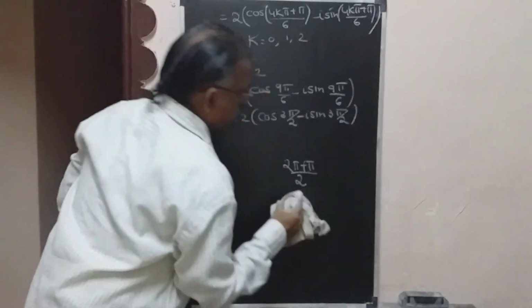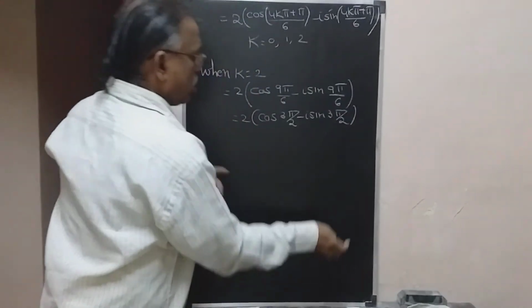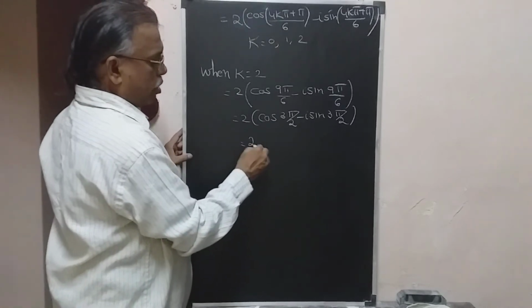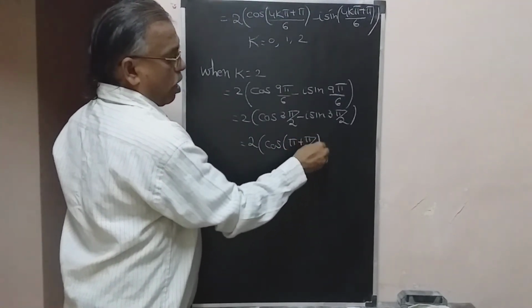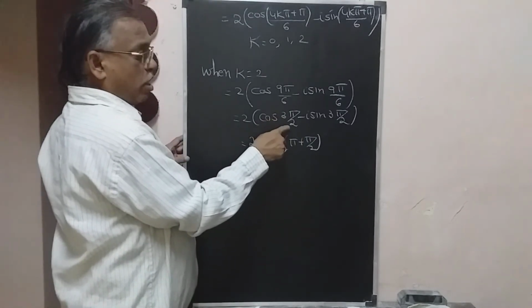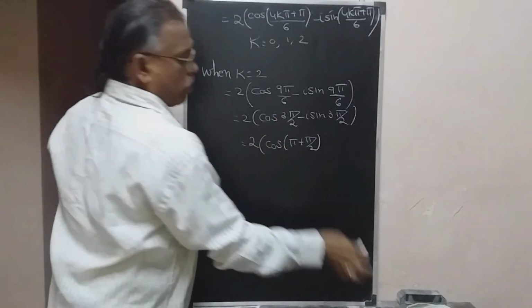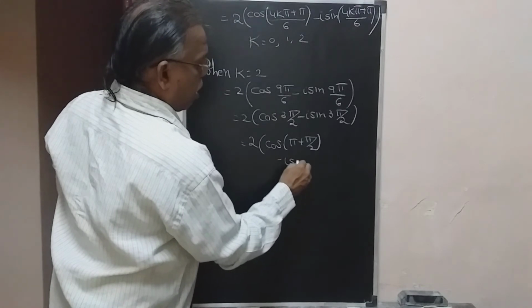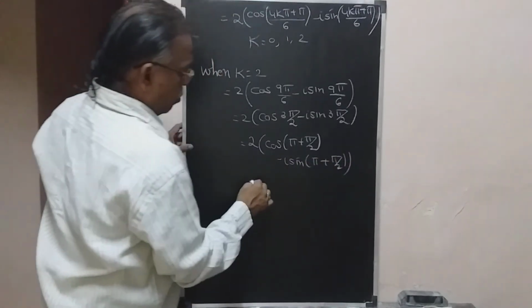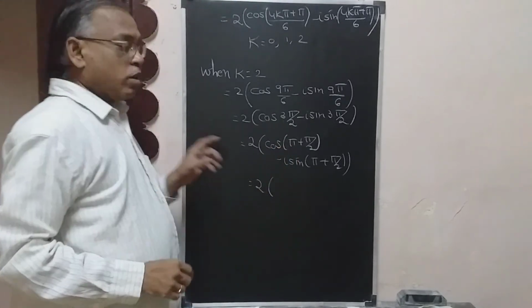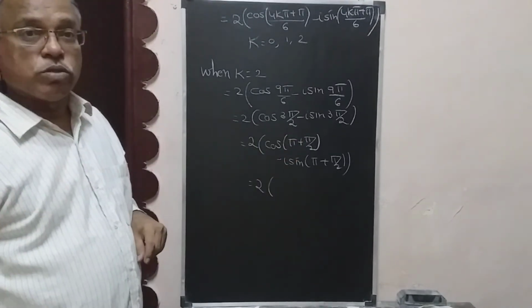Okay, so if it is more value, no, then you should add. So 2 into cos of pi plus pi by 2. Understand? If the numerator is larger, you add to the denominator and it will come. Okay, minus I into sin of pi plus pi by 2. And now both are in which quadrants? 180 plus theta, third quadrant.